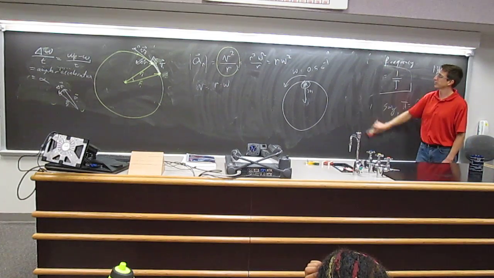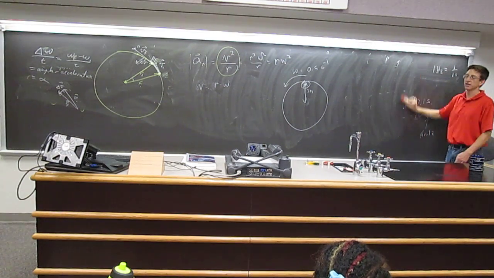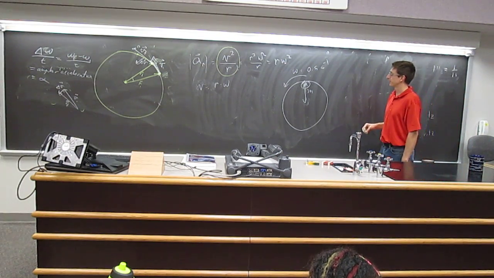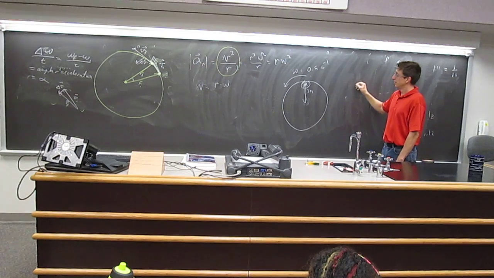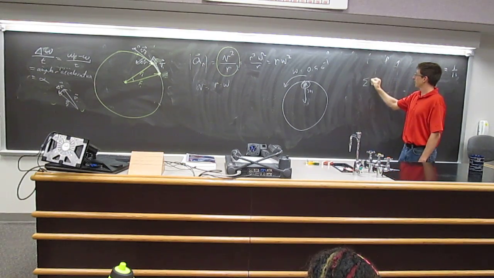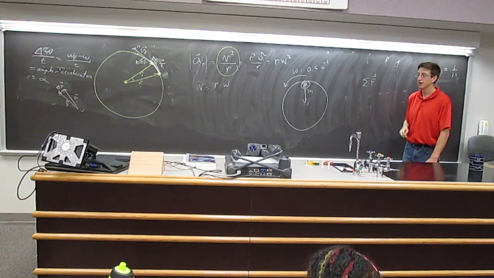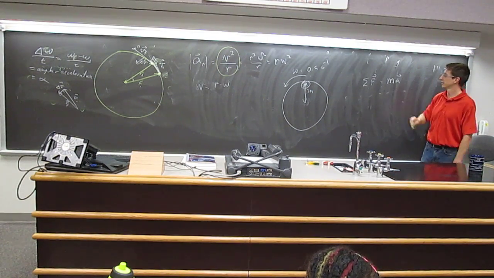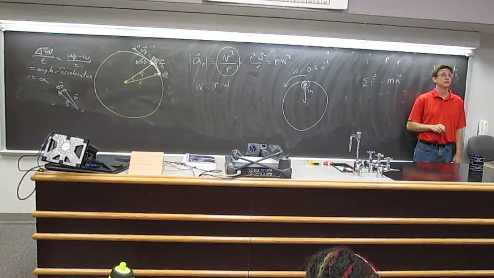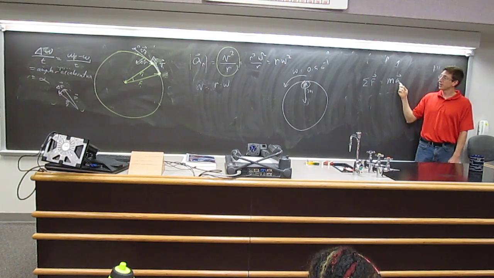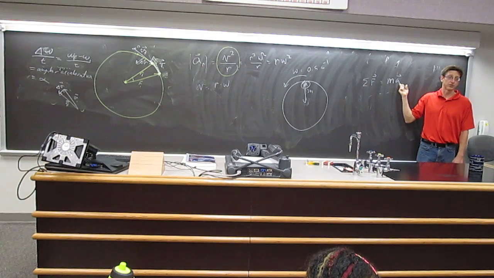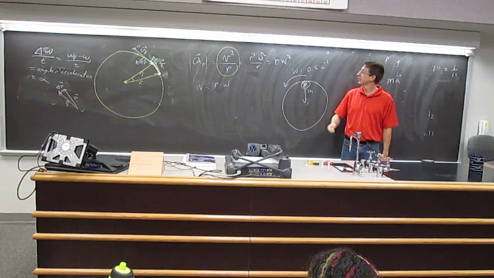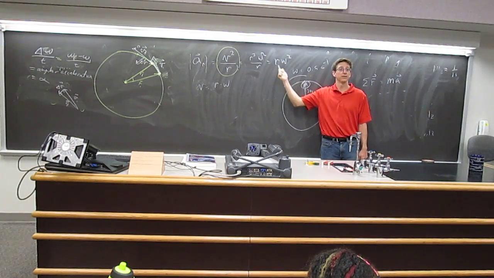We can then find what the forces need to be to keep it moving like that. So the sum of the forces on the object have to equal MA. And we know that A, if it's moving in a circle, will be pointing that way towards the center of the circle, and it will have this magnitude.